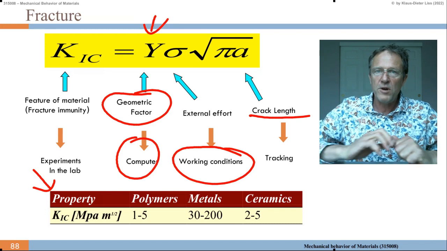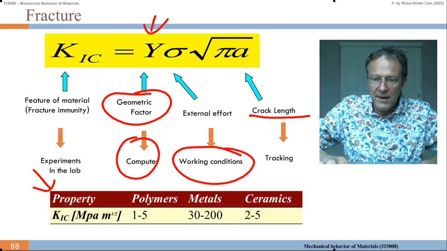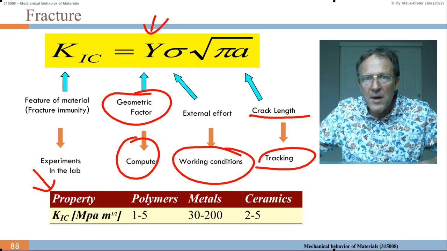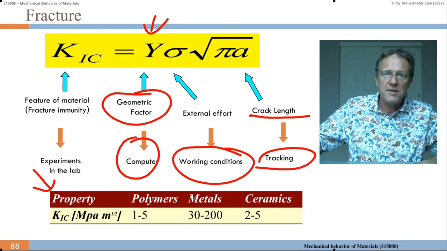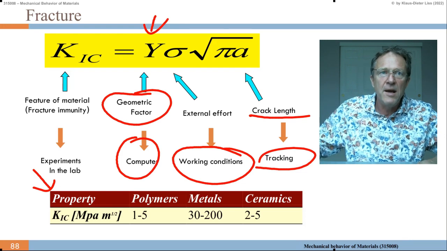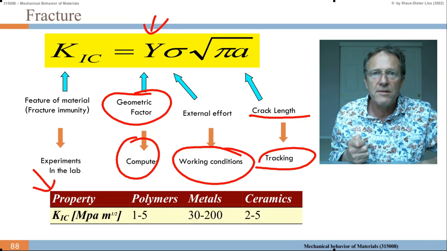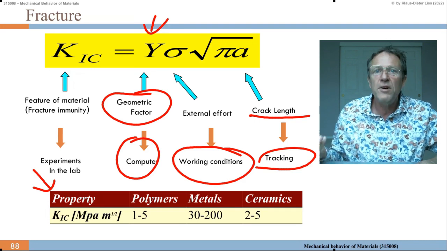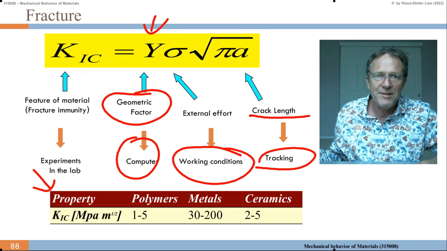And now, of course, I mentioned already, we have to track the crack lengths after, let's say, a certain number of flights of the airplane. Everything, the critical parts, they have to be checked by visual inspection, by ultrasound inspection.